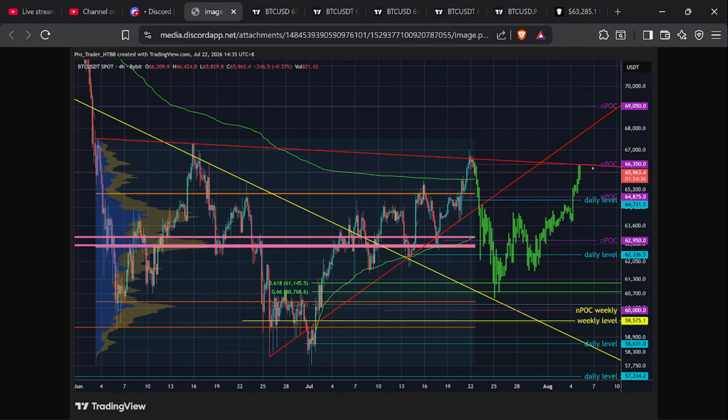And then we see what happens when it retouches this red trend line, if it touches this red trend line, okay? And then they're short, and I told them the short had been activated up here, okay?